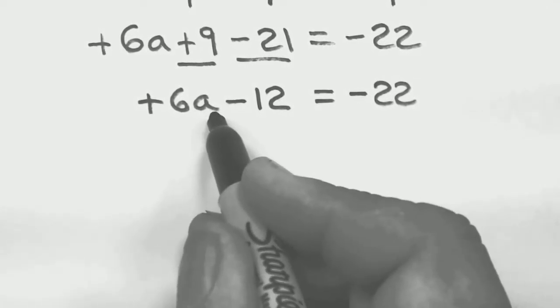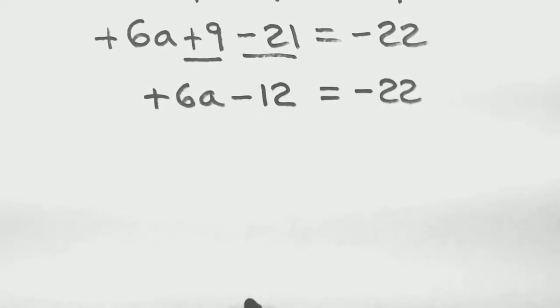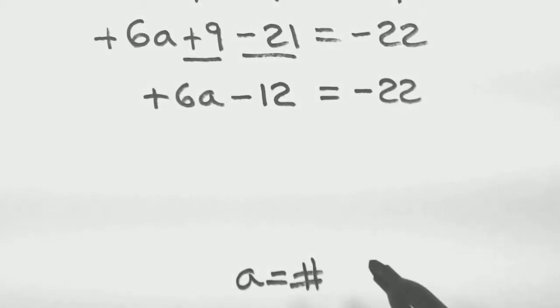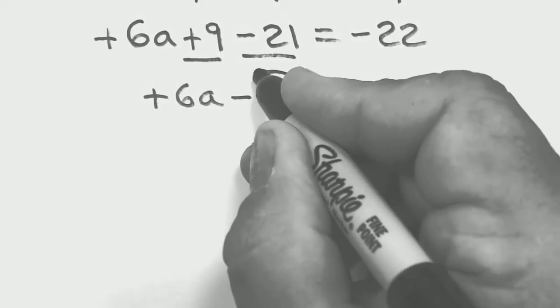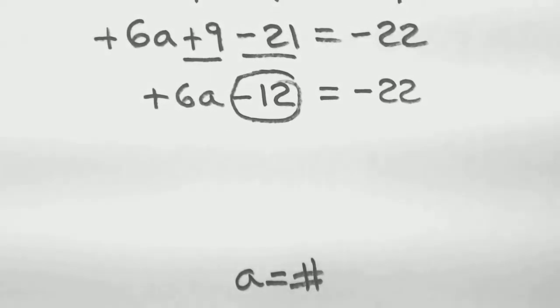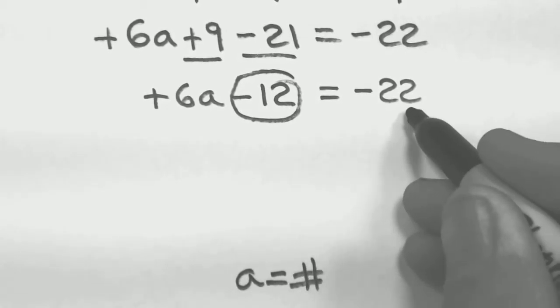Now, here we go. Remember again, what's our target here? a equals whatever number the final answer is going to be. Okay, we use this to figure out who has to move. a's are okay on the left side, so the plus 6a is good, but this minus 12 is on the wrong side. Over on the right side, we only want numbers.